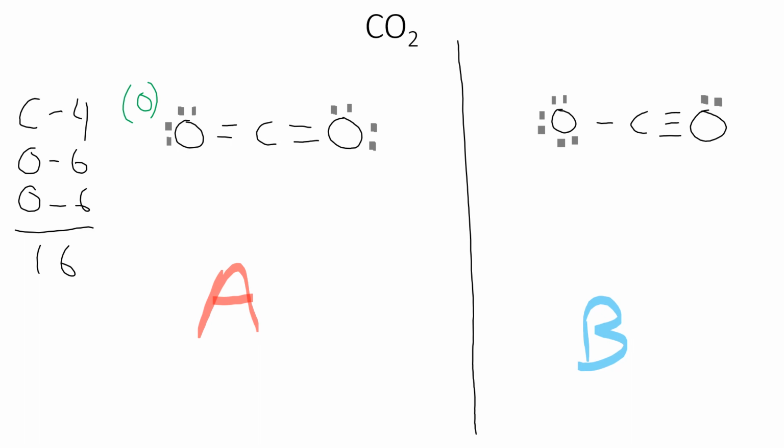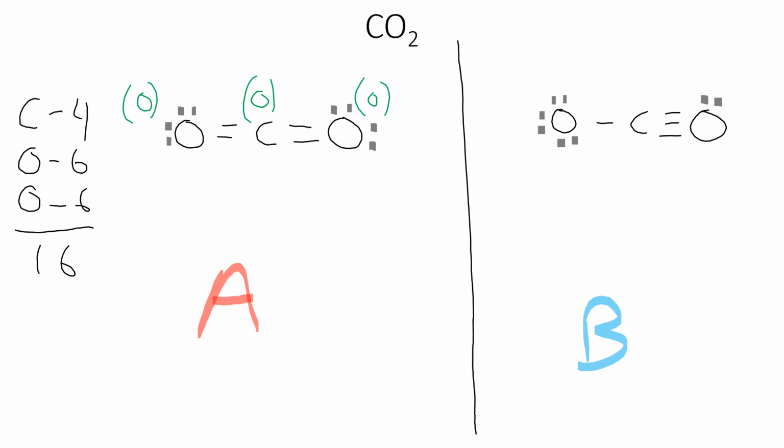The carbon on the right in structure A would have a formal charge of 0, 6 formal electrons matching its 6 valence electrons. The central carbon has 4 formal electrons matching its 4 valence electrons, so that would have a formal charge of 0. So every atom in structure A would have a formal charge of 0.